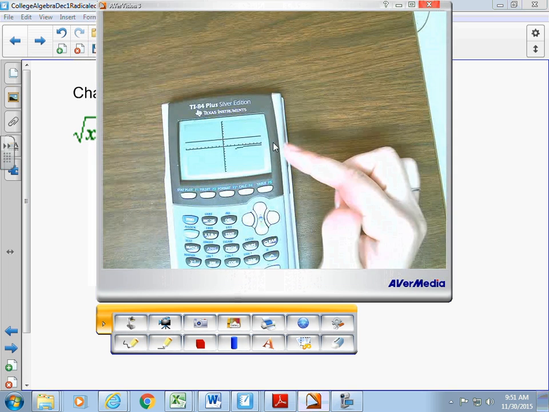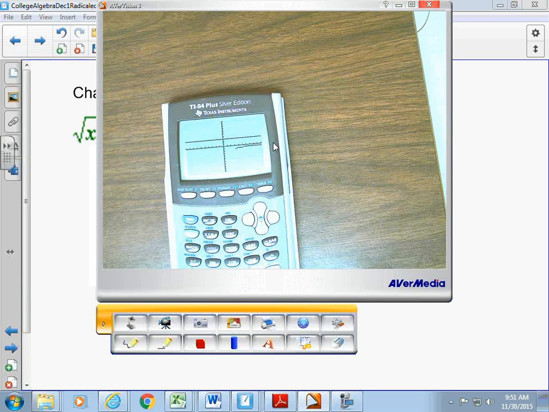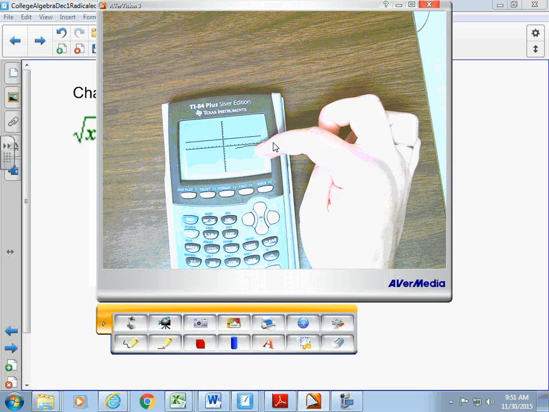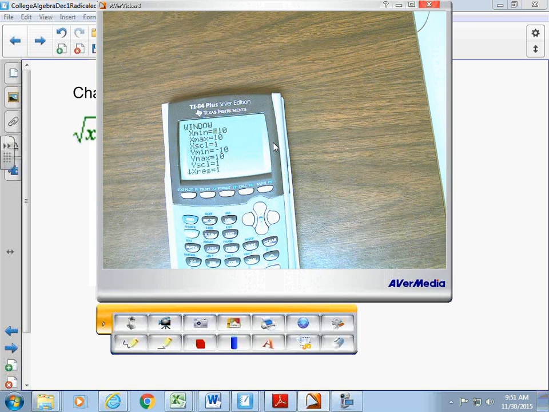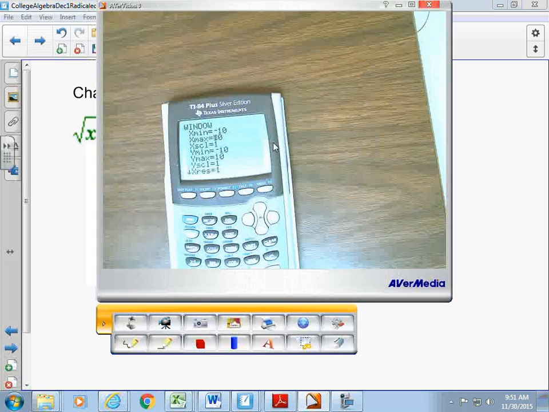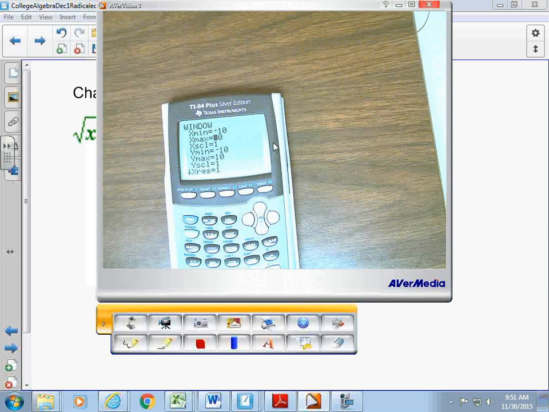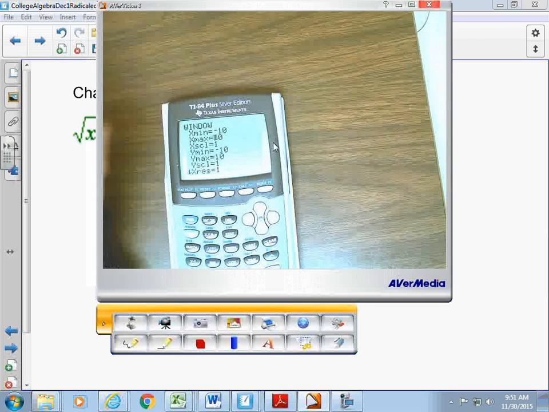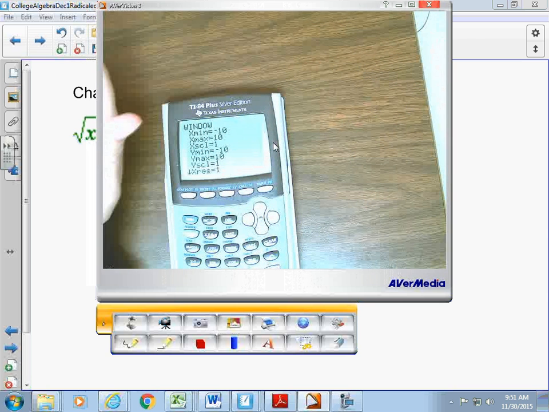Do we agree with that? They may intersect, but not right here. So what do I need to do to see if they do intersect? Increase which part on my window? X max to something much bigger, because it's not anytime soon, right?